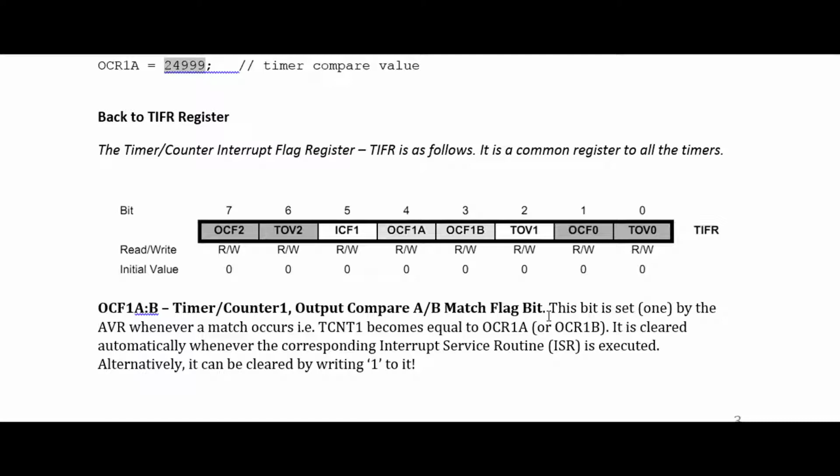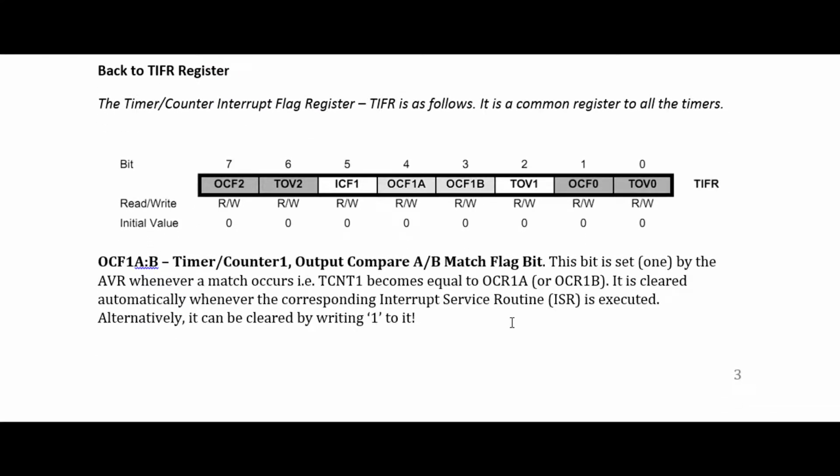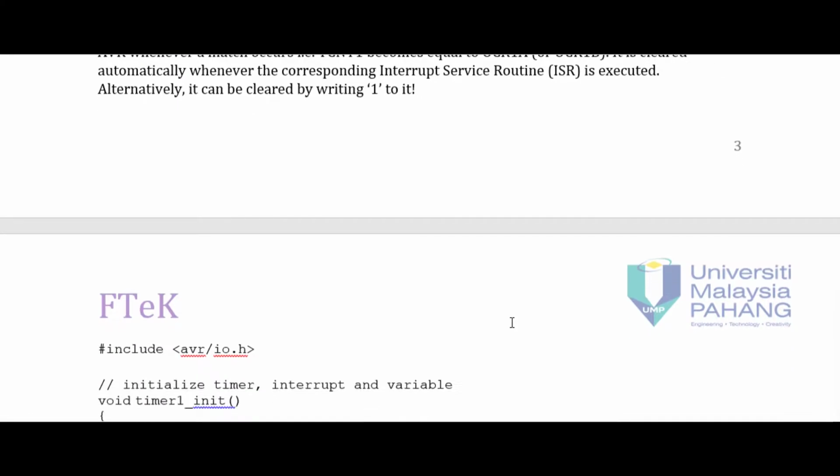So if TCNT1 becomes equal to OCR 1A in our case, or OCR 1B if you use it, the flag is set. It's cleared automatically whenever the corresponding interrupt service routine, ISR, is executed. Or we can clear it manually by writing 1 to it.